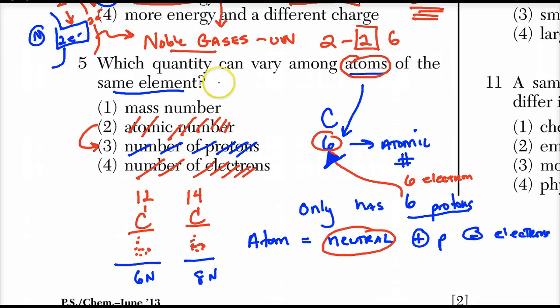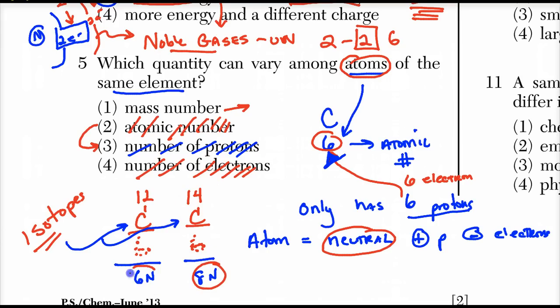What can vary is the mass number, as I just showed you, because of isotopes. Iso means same. In this case, same carbon symbol, same number of protons, but a different number of neutrons. So isotopes are the same element, a different number of neutrons, a heavier or lighter form of the same element. So the mass number can vary.